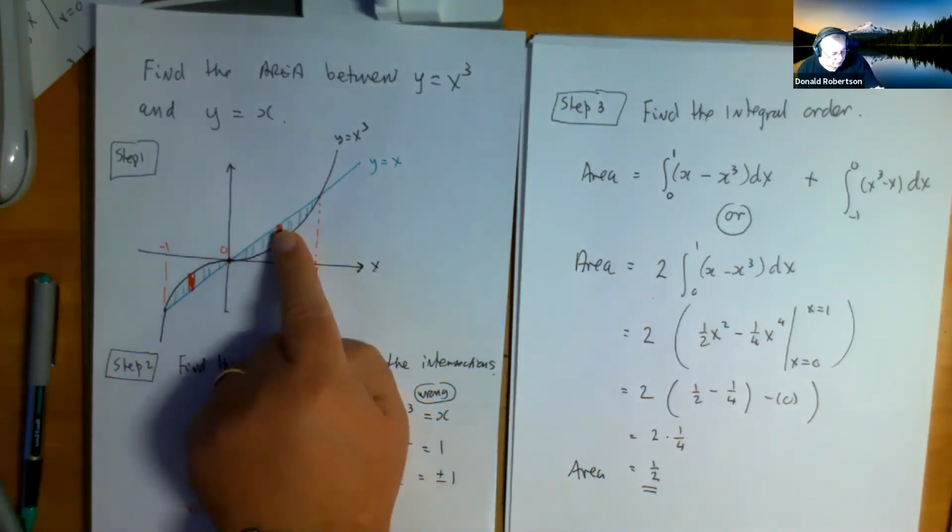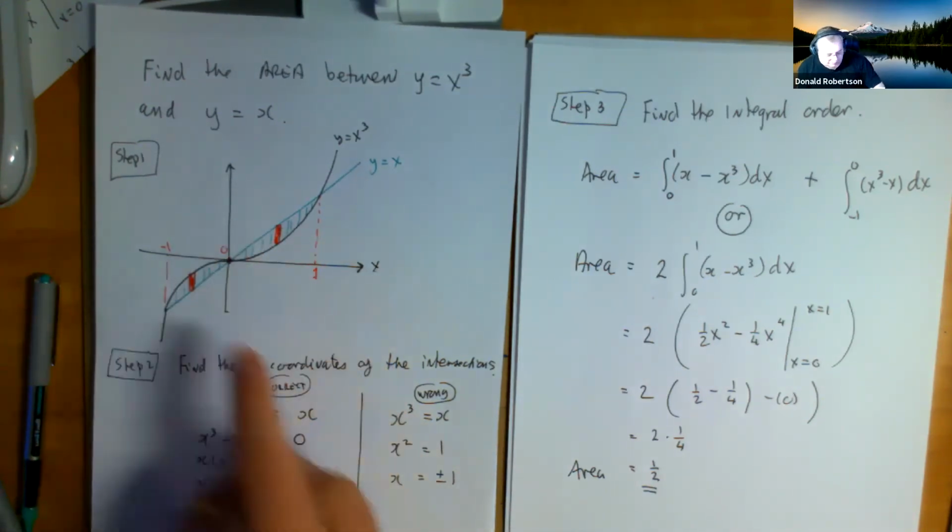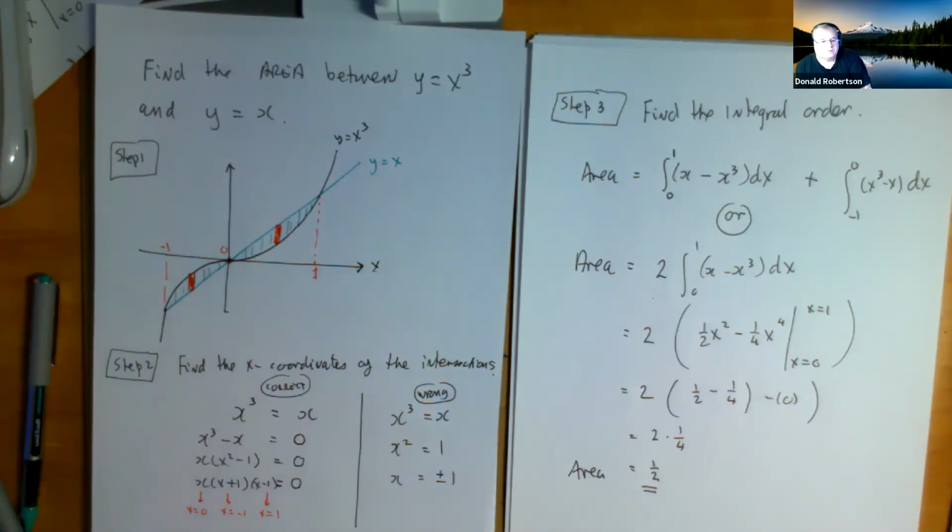So the total area between these two curves is 1/2.